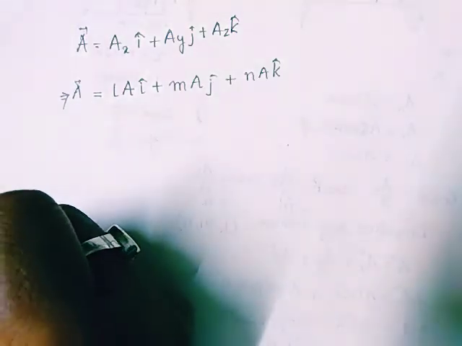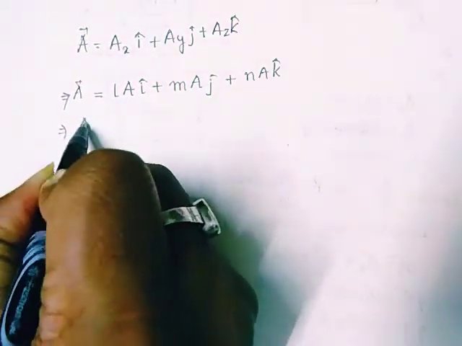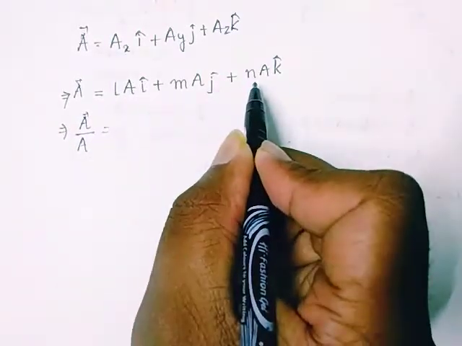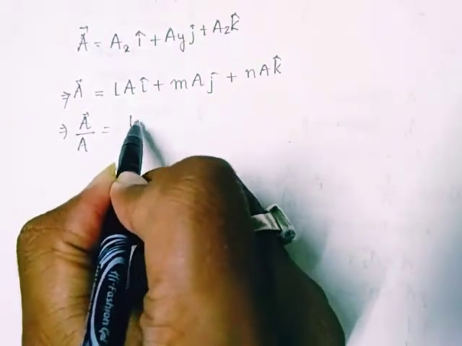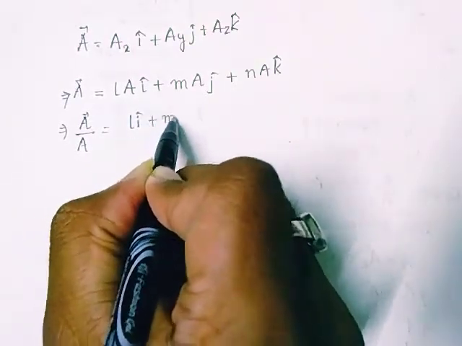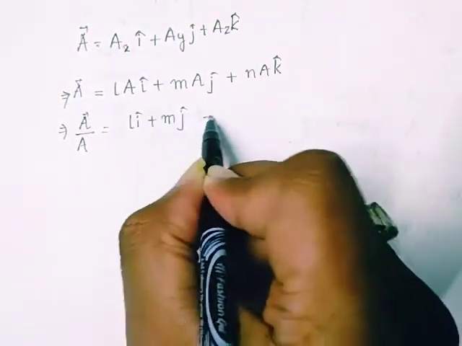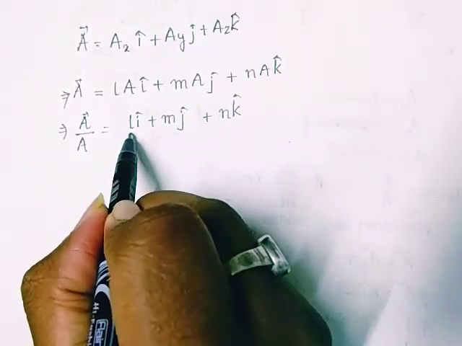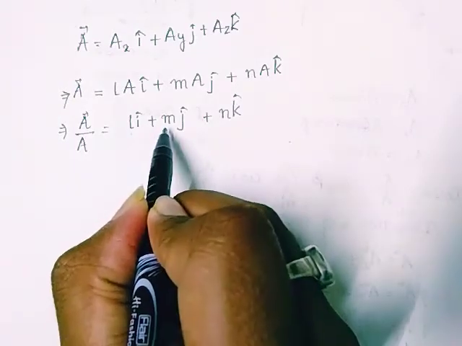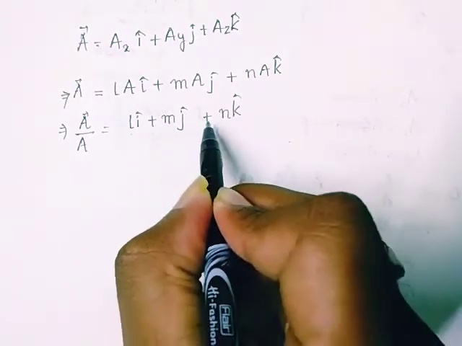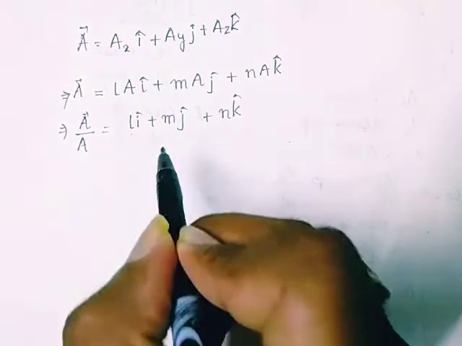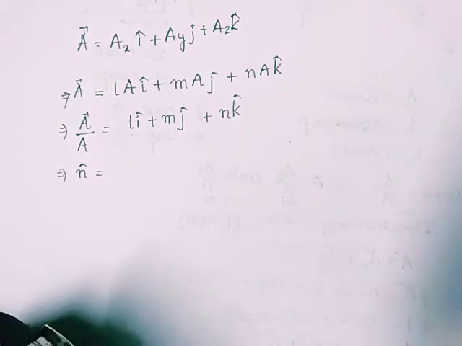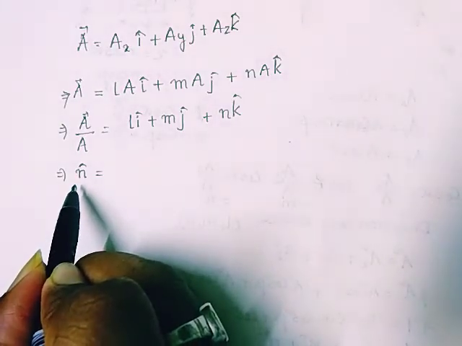So another representation of the a vector: if I take the common a from this side and divide, it will be l i cap plus m j cap plus n k cap. Okay, l is the direction cosine along the x-axis, m along the y-axis, n along the z-axis. And here we write n cap. N cap is not the direction cosine. What does this n cap denote?